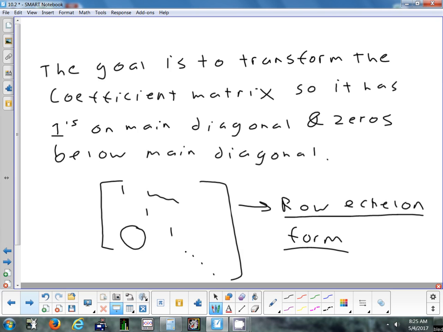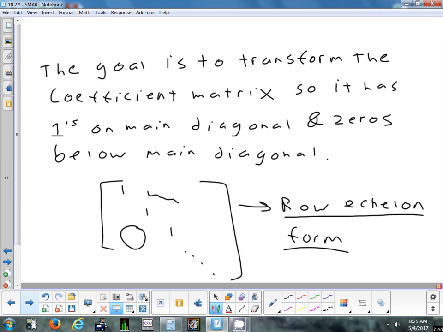Now, if we wanted to take that one step further, we can do what's called reduced row echelon form, which means 1's on the main diagonal, zeros below, and zeros above. If you do that, then the whole problem is done using what we call matrix operations.